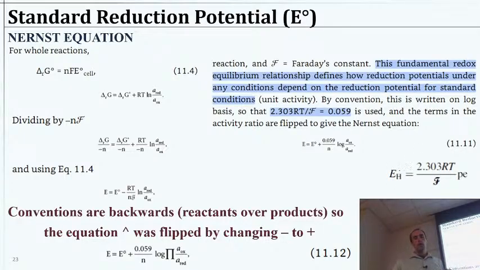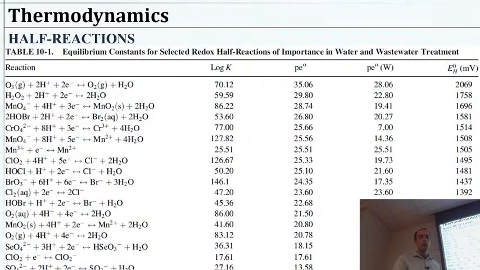And we can describe our EH then in terms of pE and some constants and temperature. Okay, so that's kind of the big picture view there. We could also take a look at all sorts of half reactions, their log Ks, the pEs, and so on.